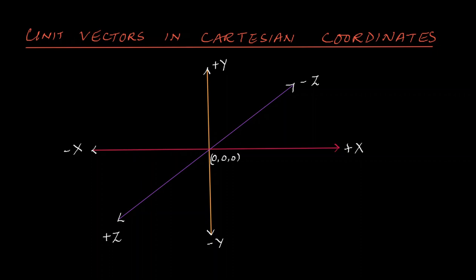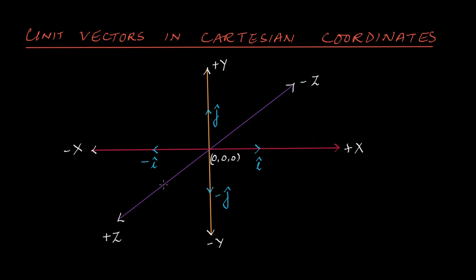Along the positive x direction, we have a unit vector I cap. Now don't ask me why I cap. That is just the general rule, that along the x direction the unit vector is denoted by I cap, and this will be minus I cap. Along the y, the unit vector is j cap, and down, this will be minus j cap.